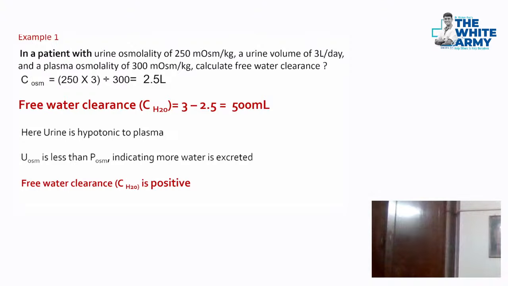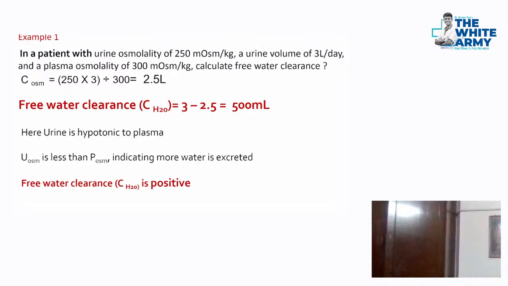And as you note, the urine osmolality is 250, which is less than the plasma osmolality. That is, the urine contains more water. So this patient has a positive free water clearance, and to make this urine isoosmotic to plasma, you have to remove 500 ml from the urine.